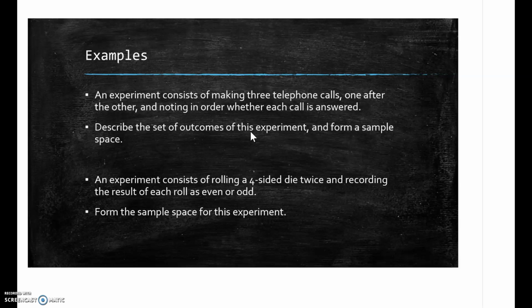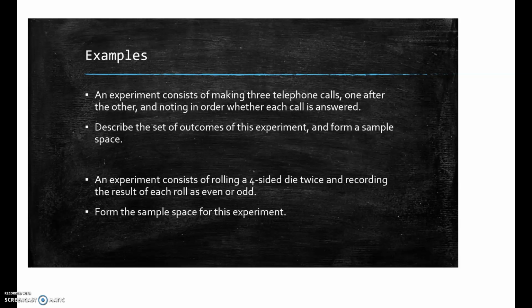Obviously, each phone call, a couple different things could happen. The phone call could be answered, or it might be unanswered. And again, we're not going to differentiate between what happens if it goes to voicemail or anything like that. Just whether the call is actually answered by a person.